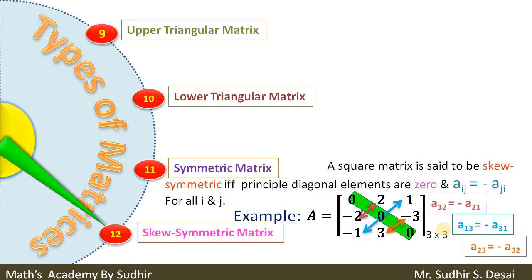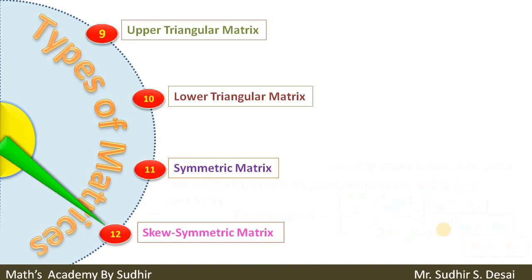And lastly, A23 is equal to minus A32. So both the conditions are satisfied. So this matrix is said to be a skew-symmetric matrix. Let me repeat it again. If principal diagonal elements are 0 and Aij is equal to minus Aji for every element, then the matrix is said to be a skew-symmetric matrix.